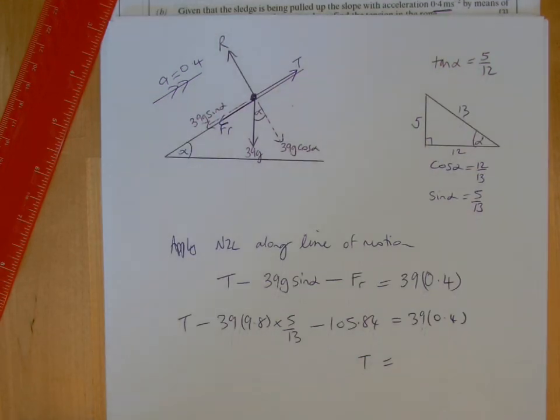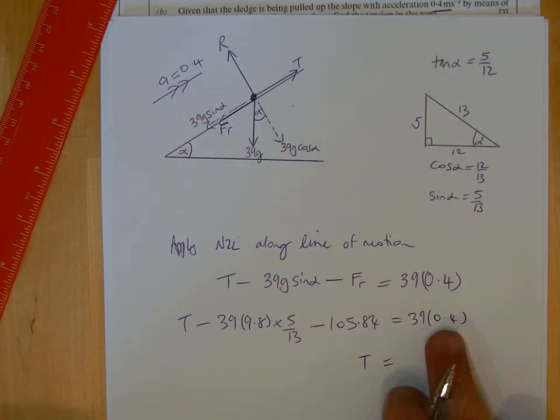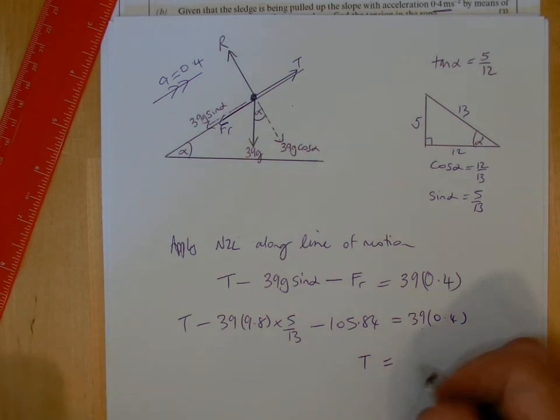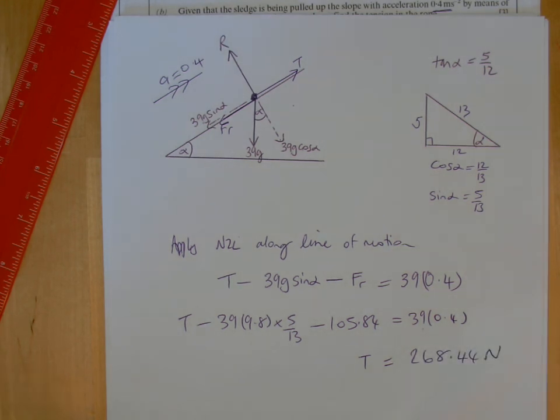So 39 times 0.4 on the right hand side, and then if we take all that stuff over to the other side, we get our answer to be, I believe, 268.44 newtons.